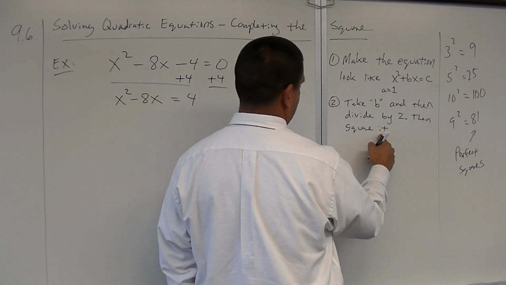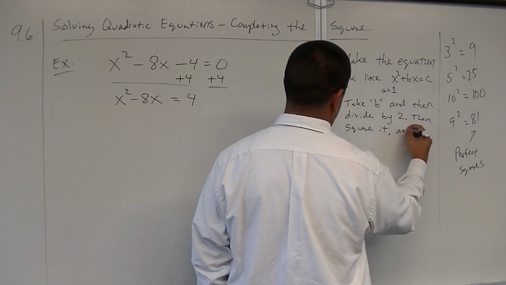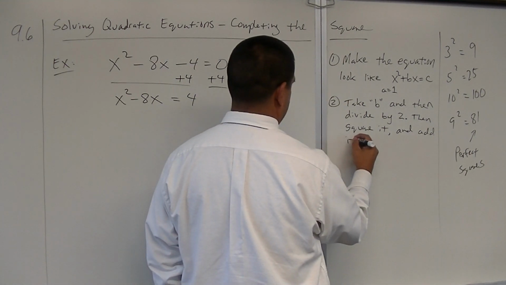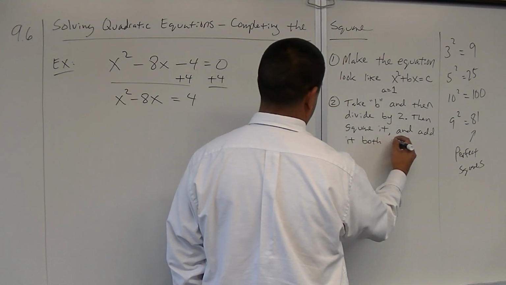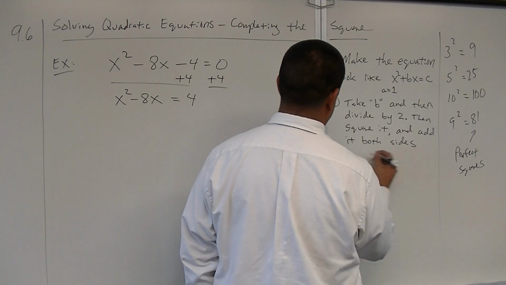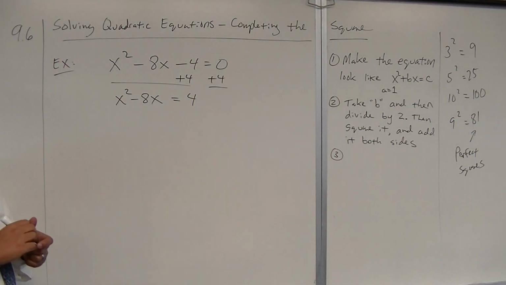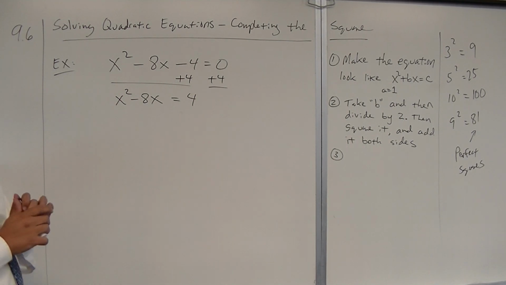After that, you square it and then add it to both sides. Step 2 is the tricky part. If I lose you, or you need me to do it again, feel free to ask questions.